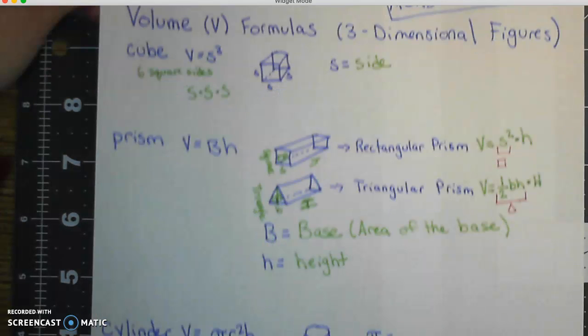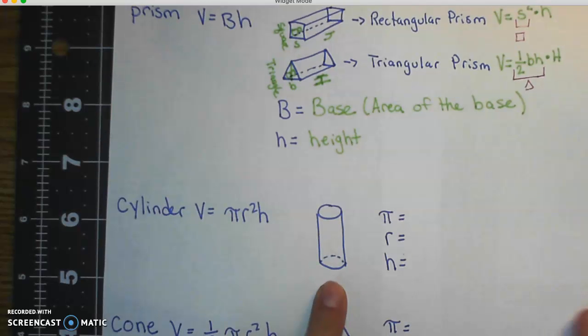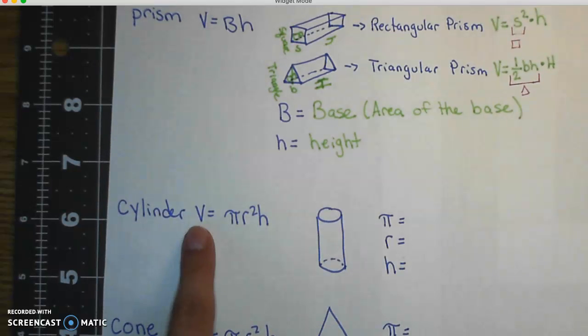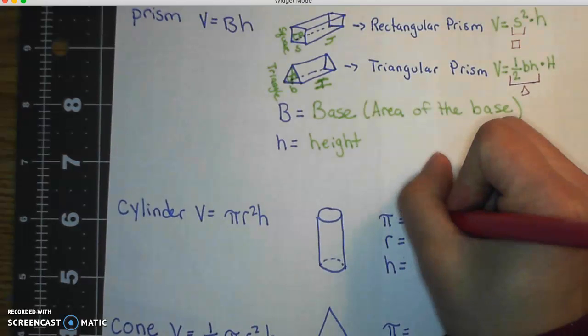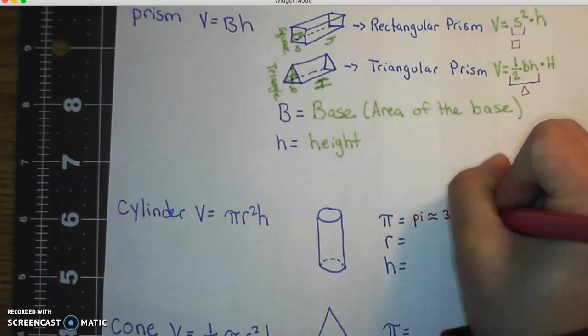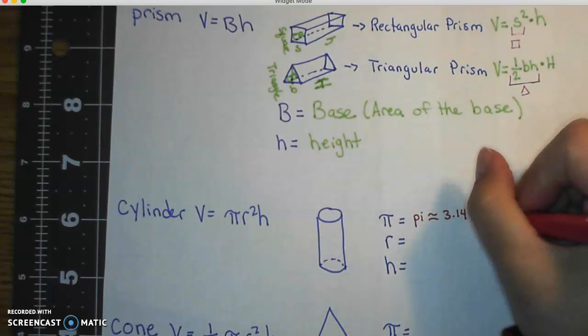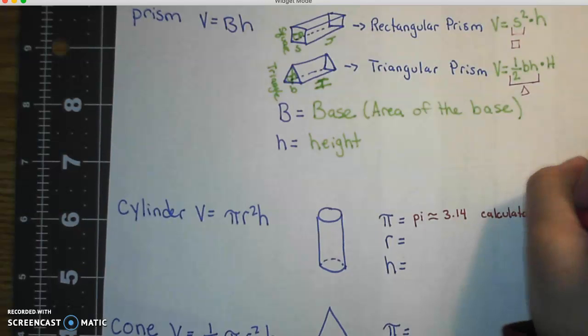Up next, we have a cylinder, which is like a can of soup or a can of whatever. The volume of a cylinder is pi r squared h. Pi is just our favorite irrational number, which is about 3.14. But in your calculator, I want you to use the pi key.